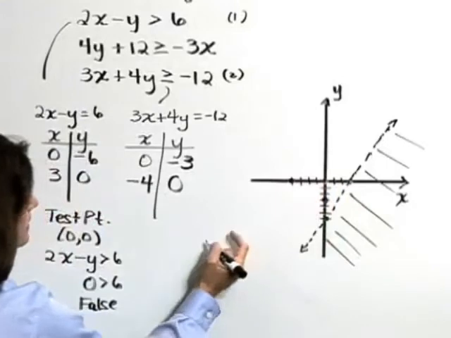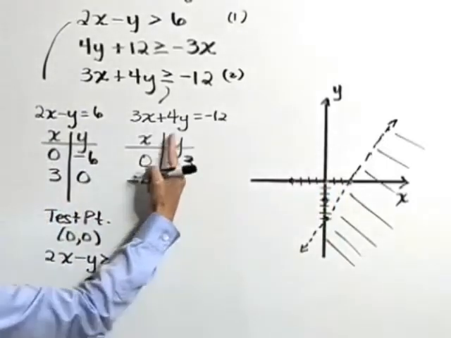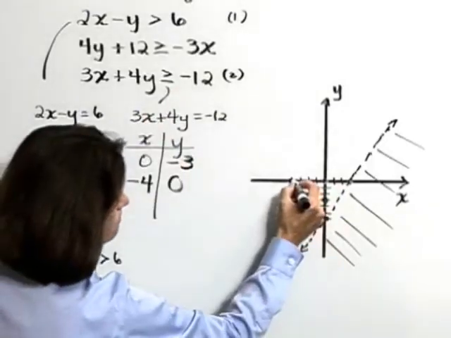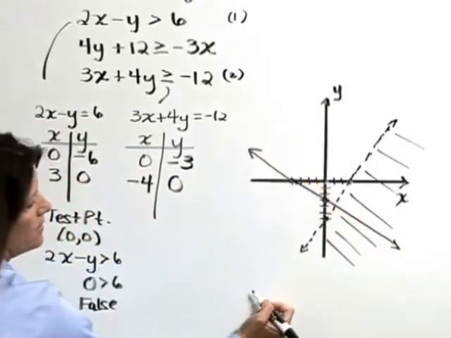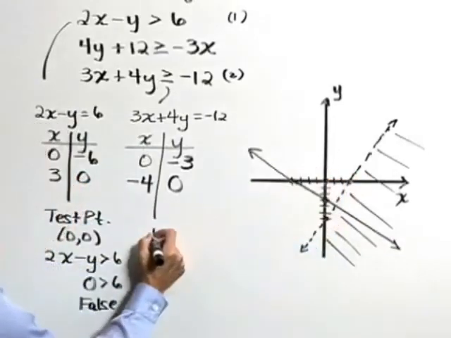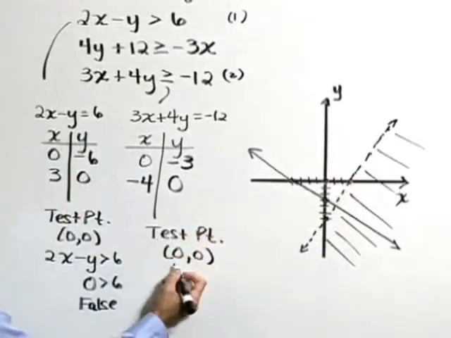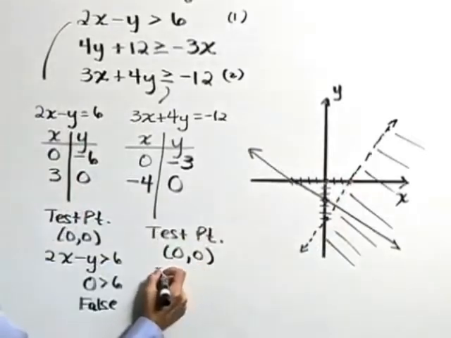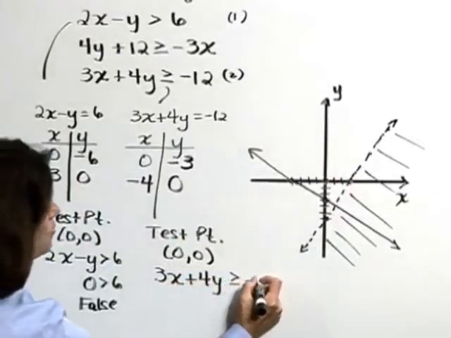As we graph this line, we're going to graph it as a solid boundary line because our inequality does have the equal to sign as part of its statement. So graphing that line as a solid line. Now let's determine which side of that line to shade. Using the origin as a test point, and substituting 0 for x and 0 for y into our inequality statement, 3x plus 4y is greater than or equal to negative 12.